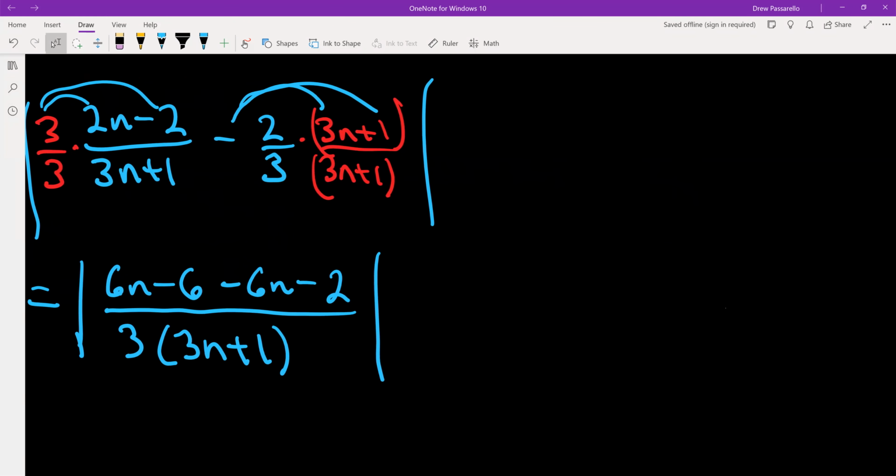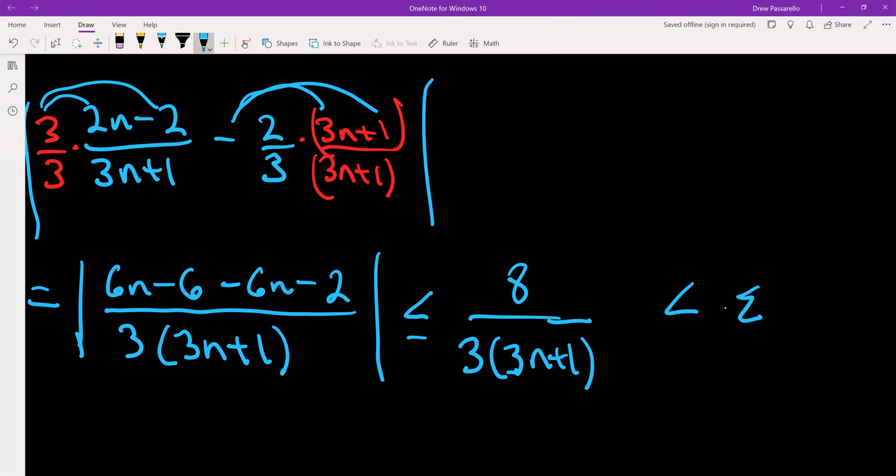All right, so we have 6n and minus 6n cancel out. Then we have minus 6 and minus 2 makes minus 8. So this would be less than or equal to 8 over 3 times (3n plus 1). And again, all of this needs to be less than epsilon.